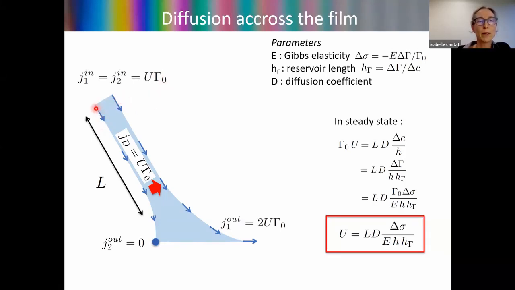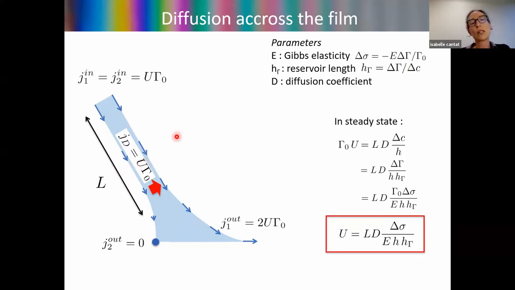And the problem is that on this interface, the flux must be 0 at the other end of this domain. So in steady regime, you cannot accumulate surfactant in this part of the interface. So every surfactant coming here has to cross the film to reach the other interface.